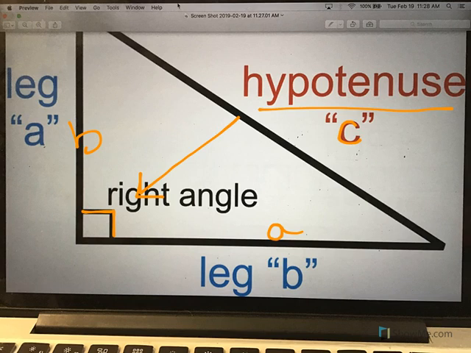So again, the parts of the right triangle are our A, our B, and our C. The A and the B are interchangeable. All that matters is that your C is the side that does not touch the right angle.